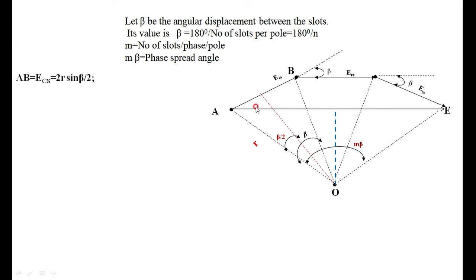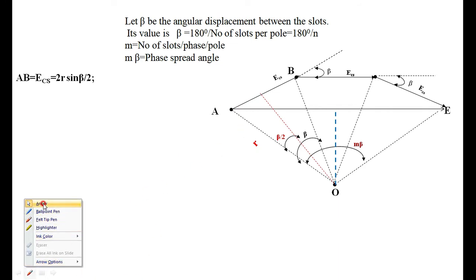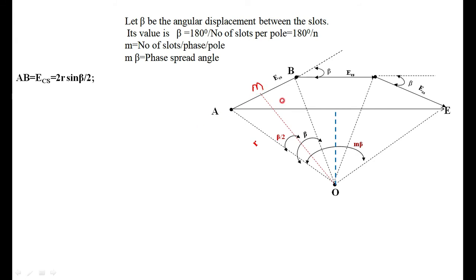Therefore, what I am getting from this particular triangle is that the total AB is nothing but 2 times the length up to the center drop point. You can call this point M. In that case, AB is equal to 2 times AM.